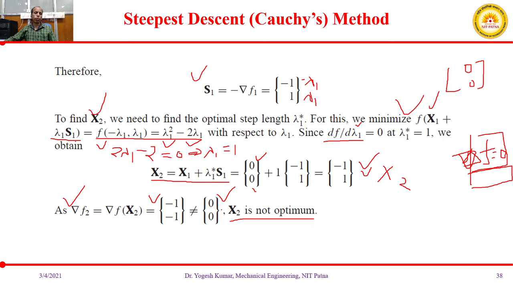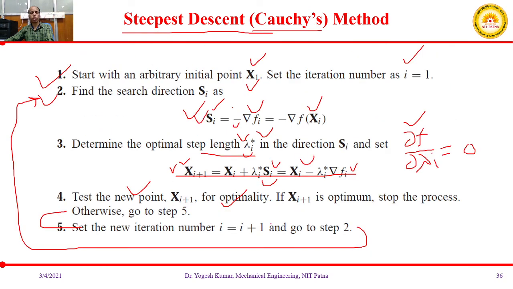Since we have not got the optimum value, as per the algorithm, if it is not optimum, we will go to step number 5. And what is step number 5? Set the new iteration i equal to i plus 1. So now i will become 2, and you will repeat step 2.